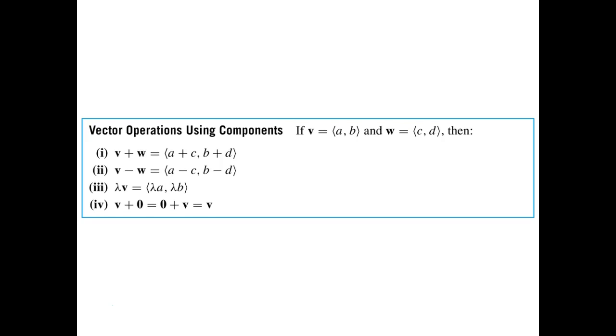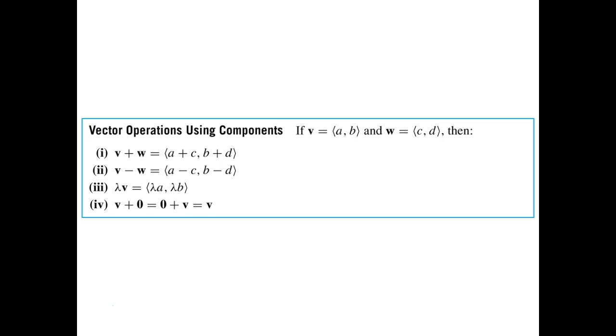All right, if V is a vector with components A, B, and W is C, D, C for the horizontal, D for the vertical, X, Y, whatever you want to call it. Then if you're adding vector V plus W, don't draw parallelograms and that kind of stuff.